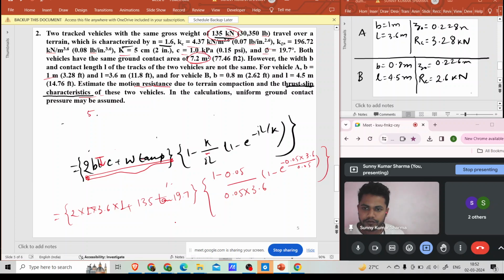So we do it for 5%, 10%. What is the total thrust for each track? We will draw a chart. Then we will compare which track gives more thrust.